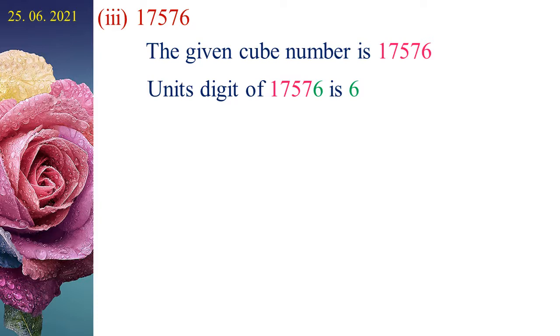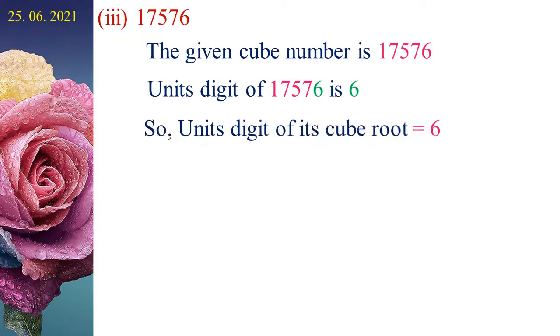If the units digit of a cube number is 6, the units digit of the cube root of the number is also 6. So, the units digit of its cube root equals 6. Next, we should find the tens digit of the cube root of 17,576.